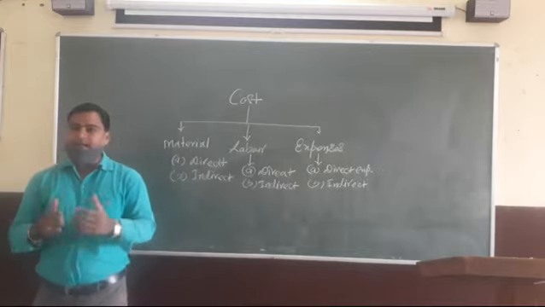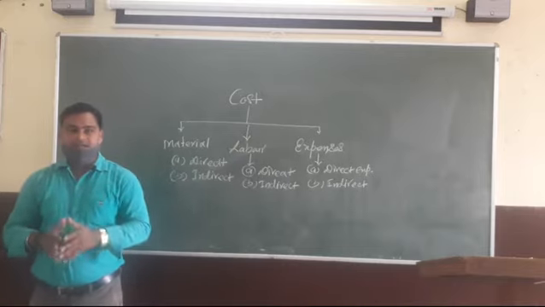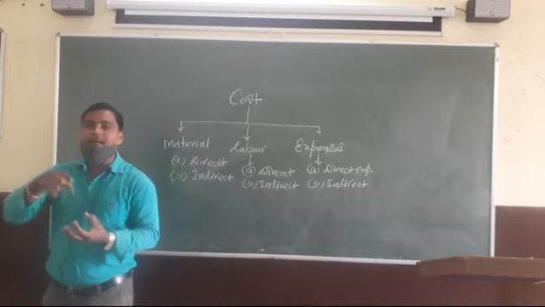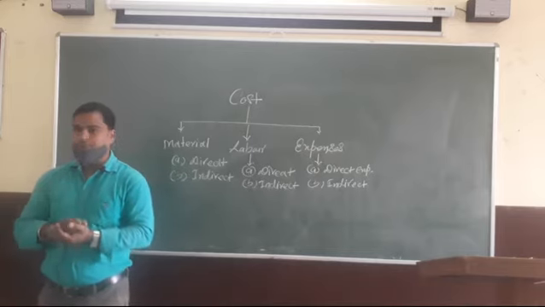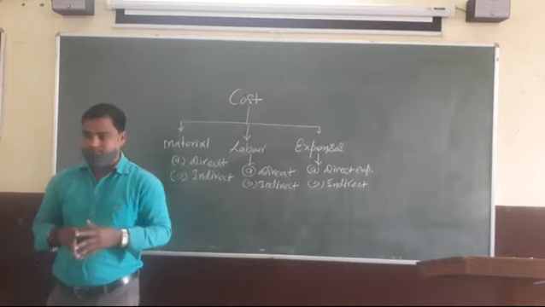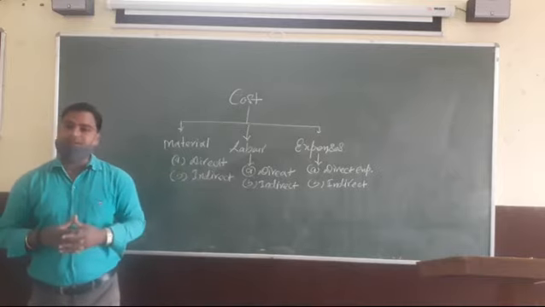Expenses, direct expenses and indirect expenses. Direct expenses is such type of expenses which is directly included at the time of production of a product. When you produce a product, the expenses which are directly included, such expenses are known as direct expenses.